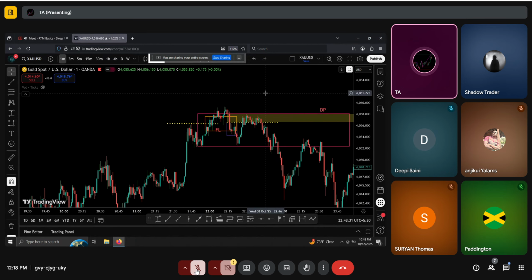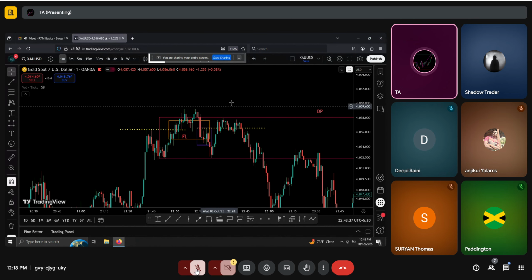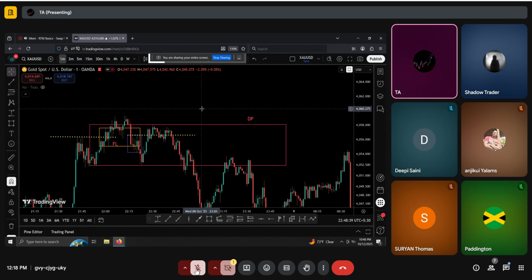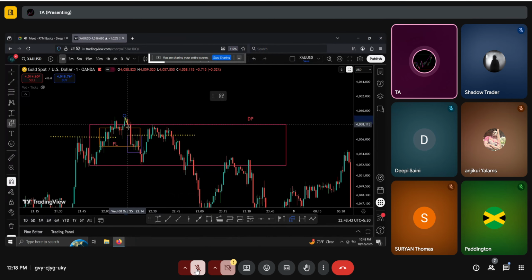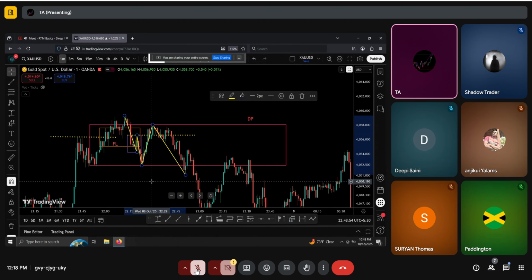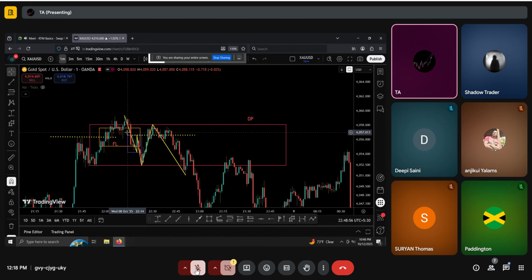So what happened is when the RS is created in such a form, when the fake out is created in such a form, what was the structure of the fake out? The structure of the fake out was like this. Price came here, broke the FL, goes up, came down, then goes up again and came down again. Right?